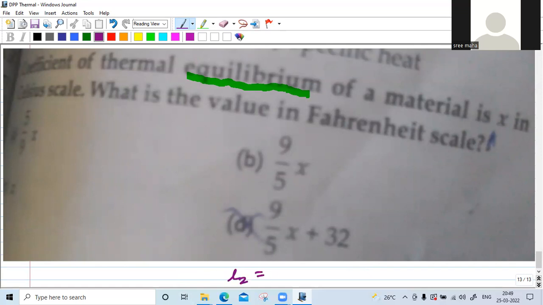Suppose if we take this one as... so it will come out to be alpha delta T here.